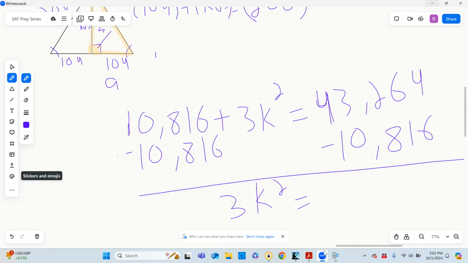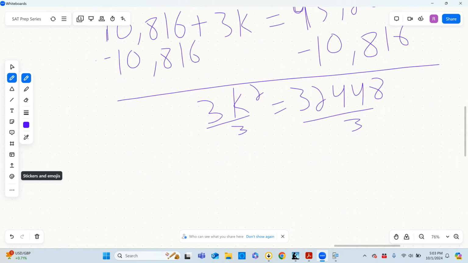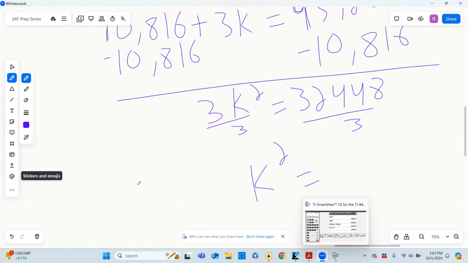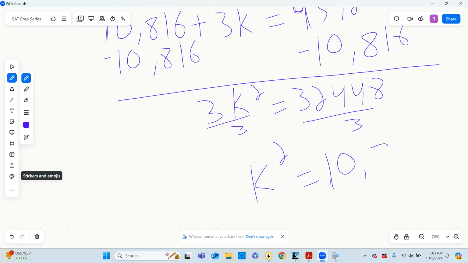Again, we have to wait for the calculator to get out of the way here. We said that that was going to be 32,448, and if we divide both sides by 3, we have k squared equals 10,816.